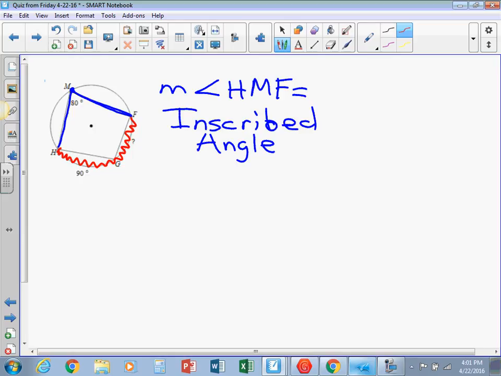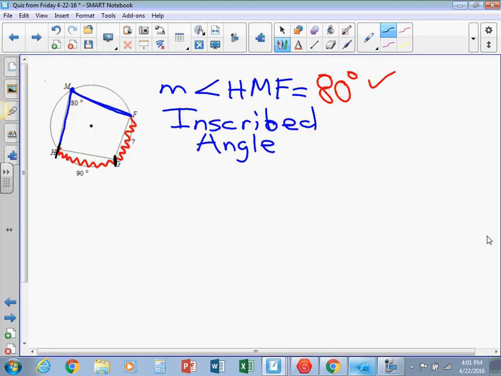Well, I know H to G, they tell me from this point to this one is 90. If I could just figure out the rest of it. Well, I know that this is 80. That might be helpful.